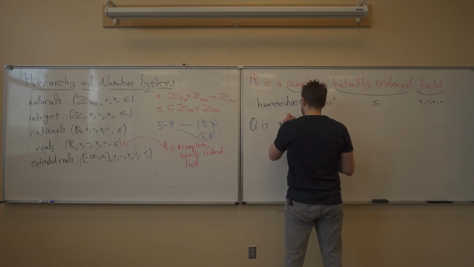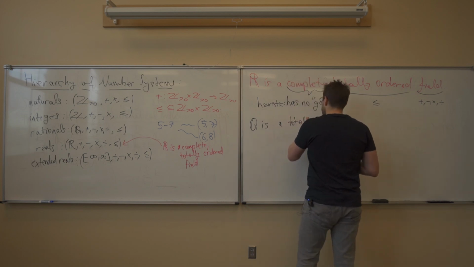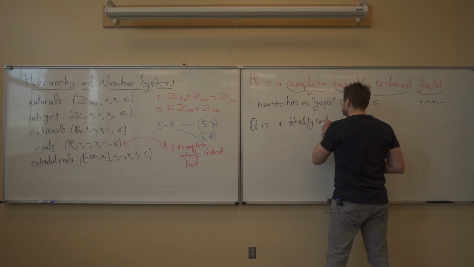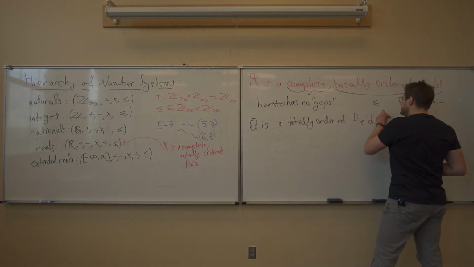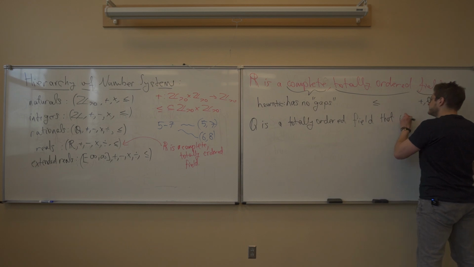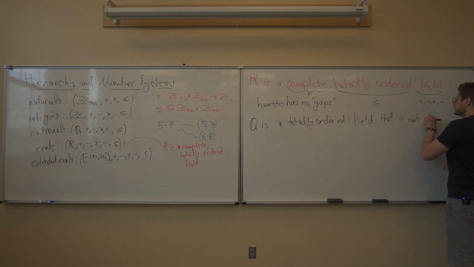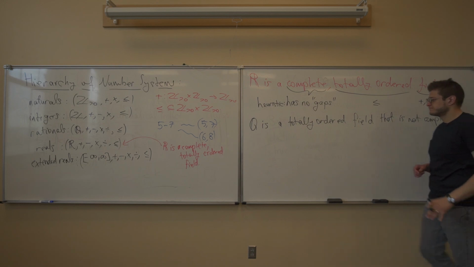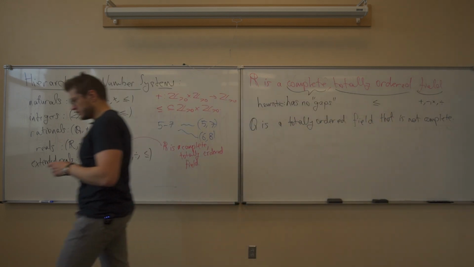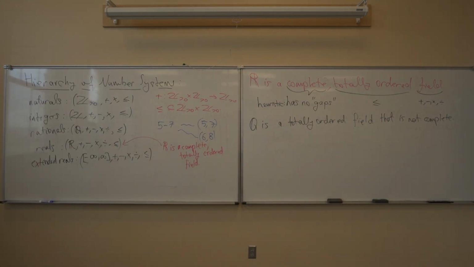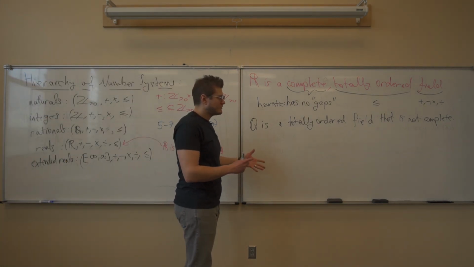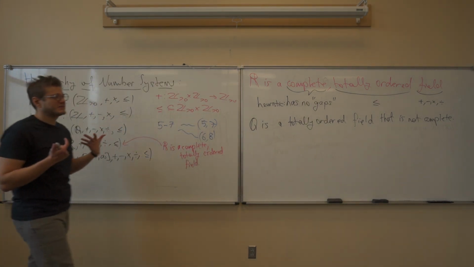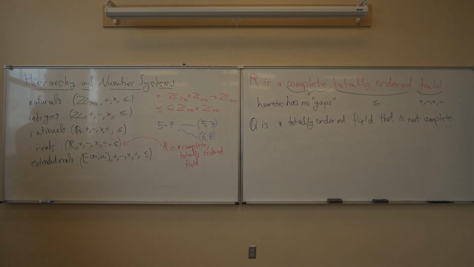This means that rationals have certain gaps. The point is that root 2 should be a number, but it's not in the rationals.